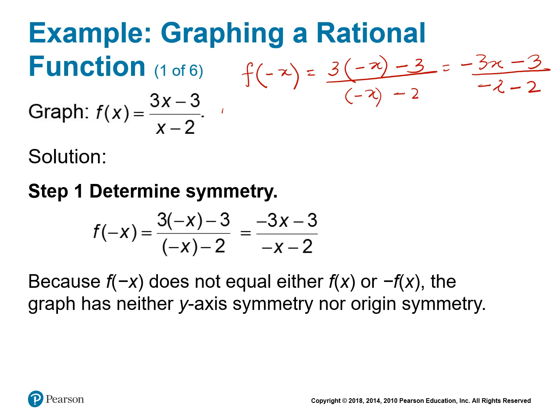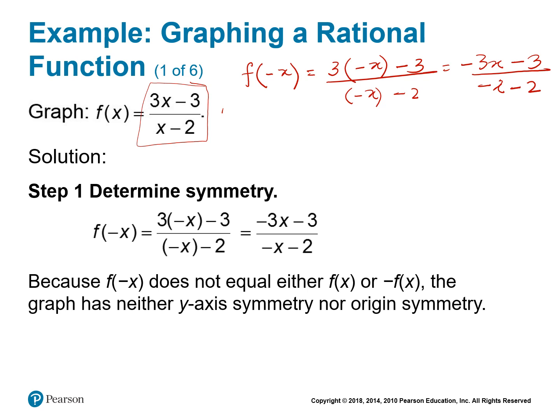So what we see here is that f of negative x is definitely not the same as what we started with, what the original function was. So that means it's not an even function.